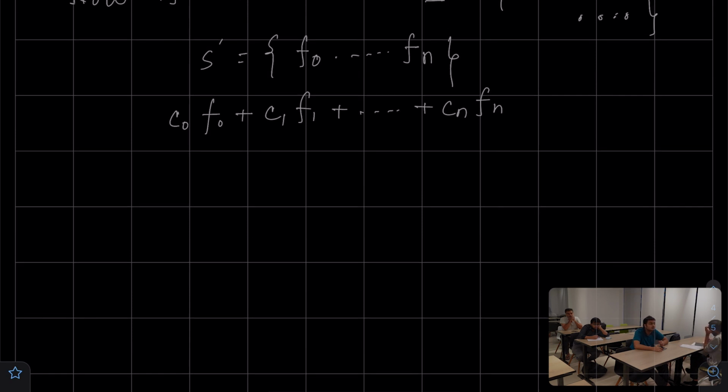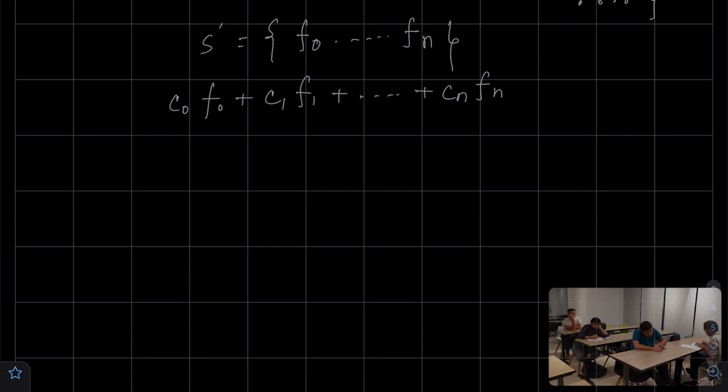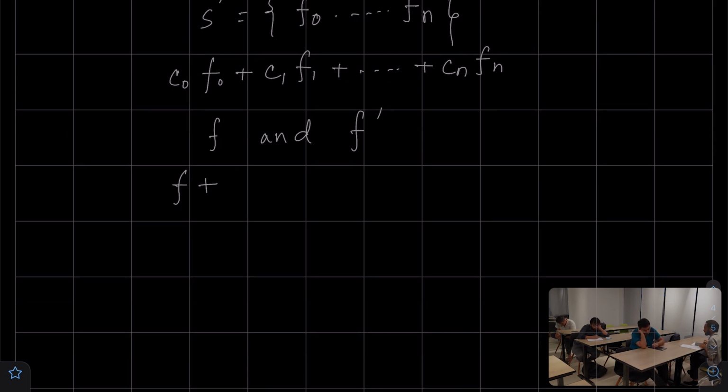But first of all, just clarify the vector space structure. I think I already defined it in the previous lecture, the function space. If I take two polynomials, even if they are of different degrees, like f and f prime, then f plus f prime is defined as f of x plus f prime of x.